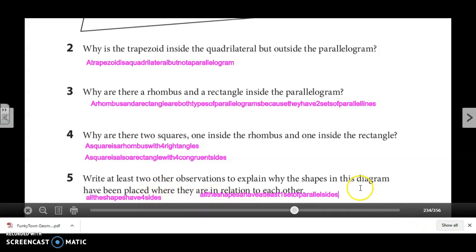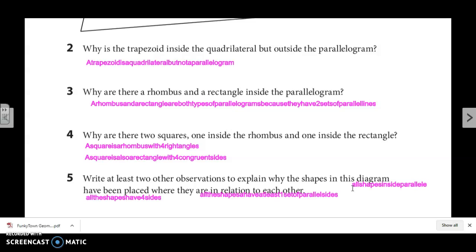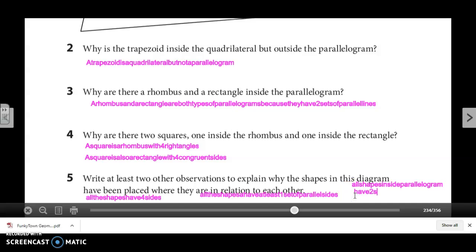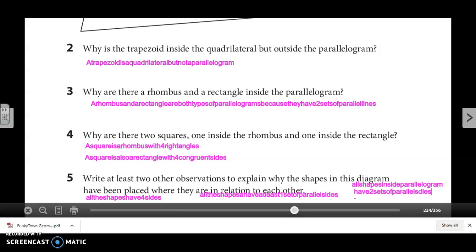We could also say all the shapes inside the parallelogram have 2 sets of parallel sides. Anything consistent with those will work.